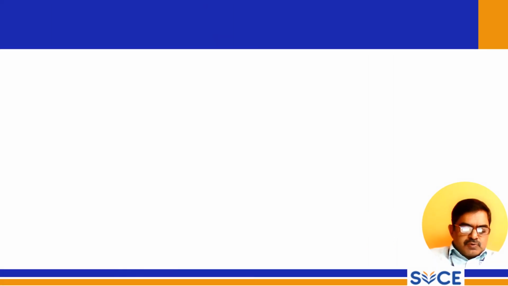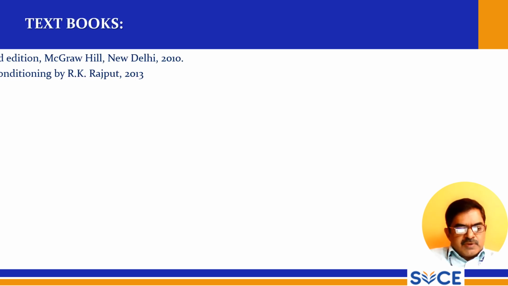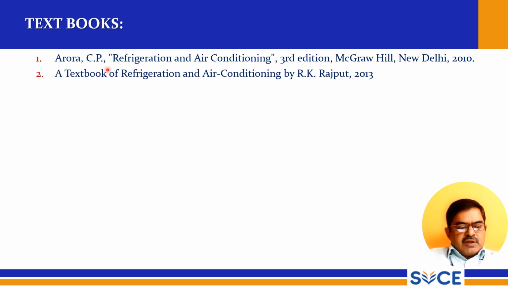Coming to the books, I recommend reading CP Arora for the entire unit, and it covers all the topics listed in this unit. Please refer to Refrigeration and Air Conditioning by CP Arora, third edition.